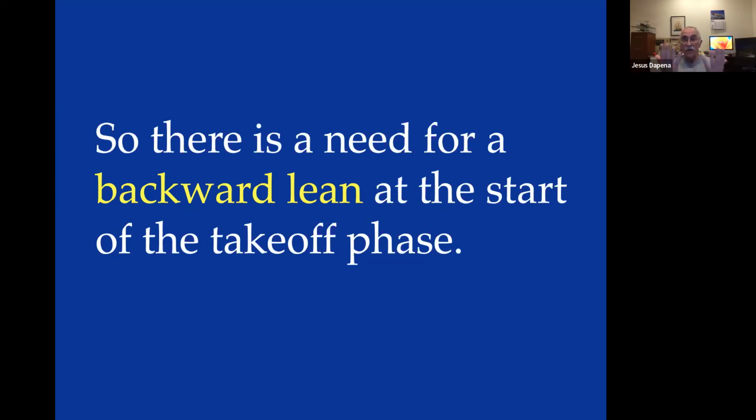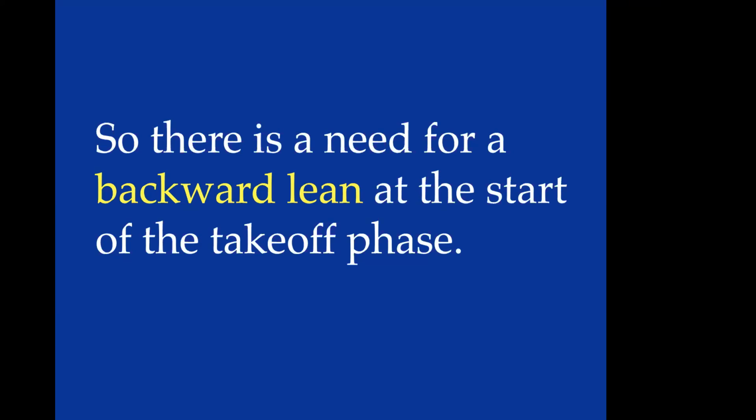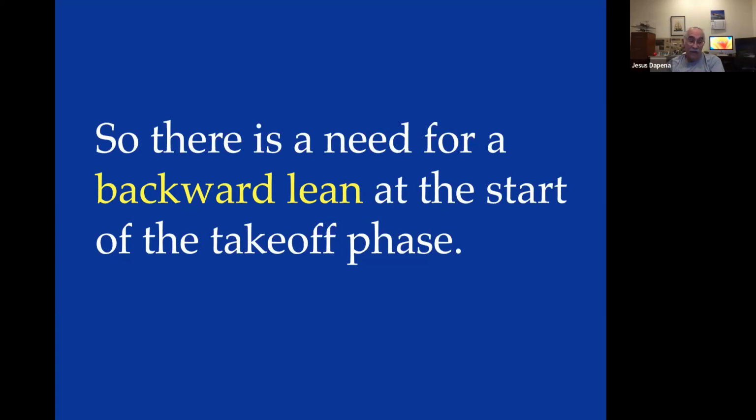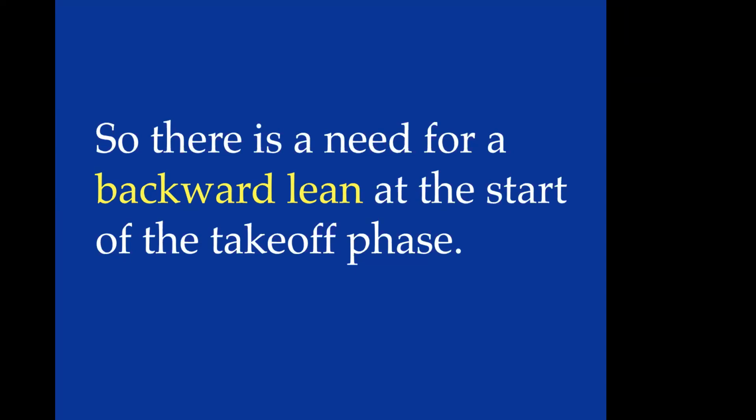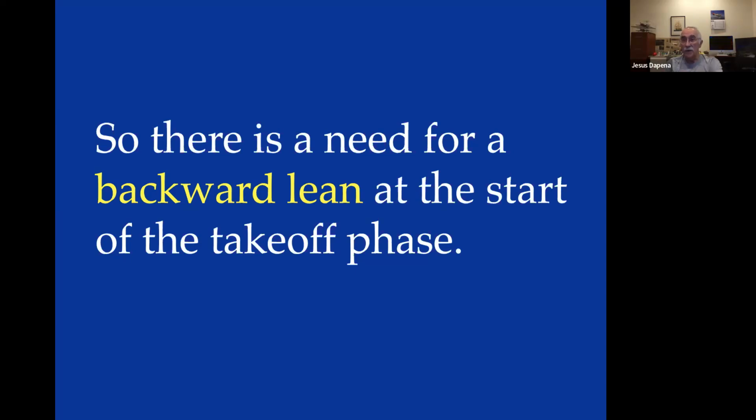So I'm going to generate forward somersaulting angular momentum, and I will finish the takeoff leaning forward, maybe 20 degrees forward. If the athlete does that, the athlete will rotate very nicely in the air, but the height of the jump will be compromised. The height of the jump will be much lower than it should have been.